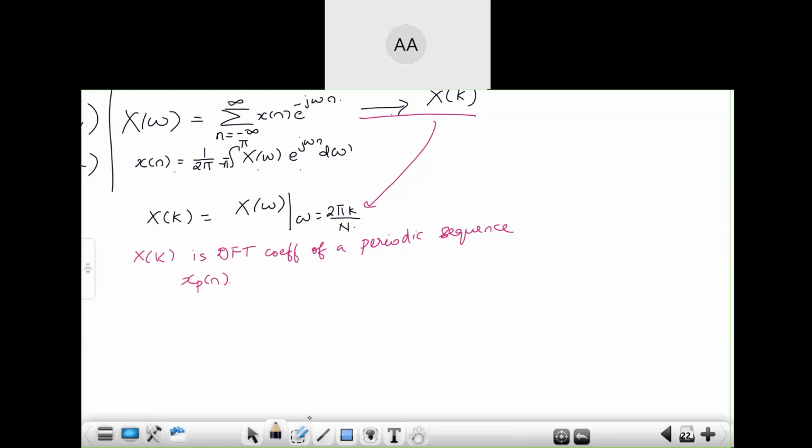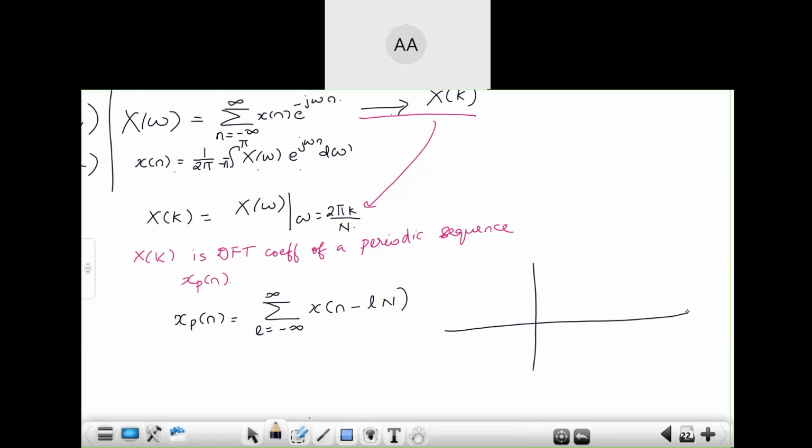So xp of n, the periodic signal, as in the initial class, if you remember. Periodic means what? Say you take a range L equal to minus infinity to infinity, periodic at any instant whenever you pick the signal. I will tell you what this means.